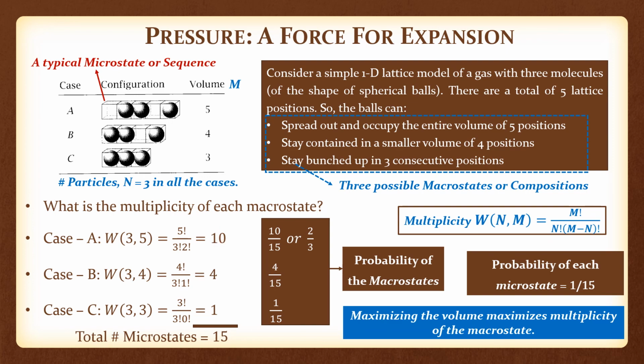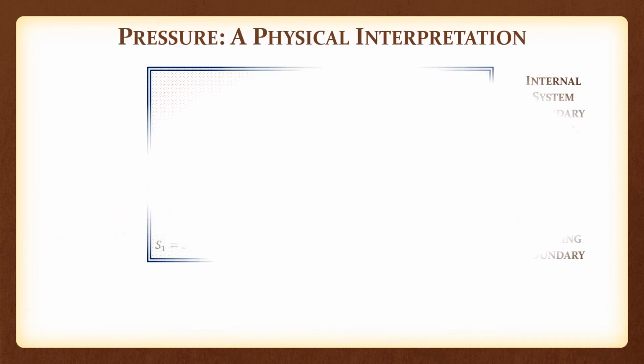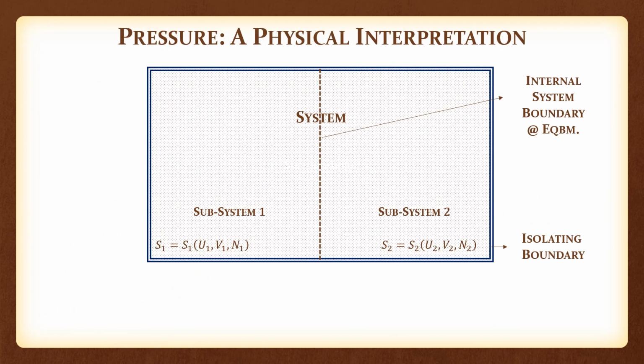Now let's come back to pressure. We have not talked about pressure here yet, all right? But the balls try to push against the boundaries of the lattice sites to include more and more volume. That is the idea, right? So the gases expand to occupy maximum volume possible.